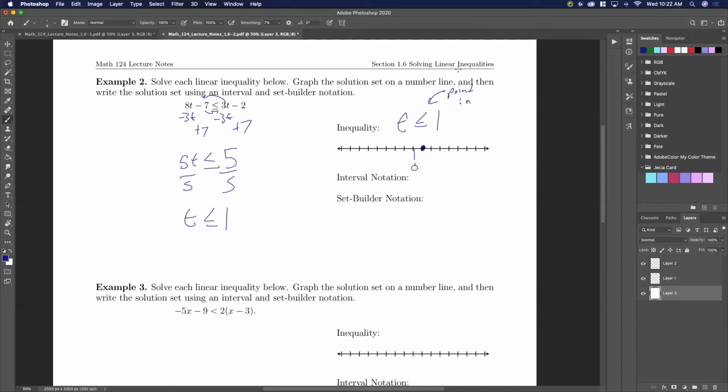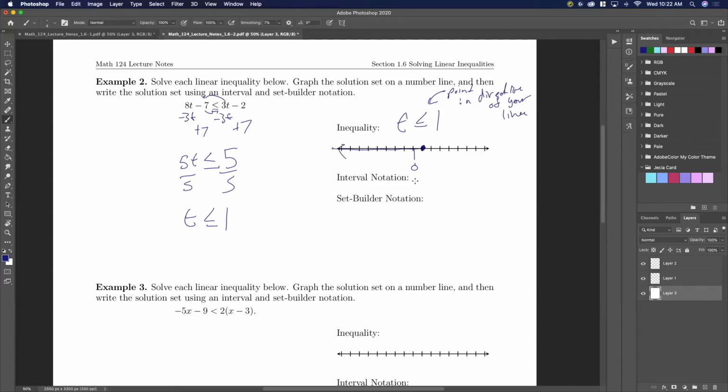Here, it's everything less than this, so it points to everything less than this. If it were everything greater than this, it'd be the other way, and then you just fill it out like that. Okay, so I have that.